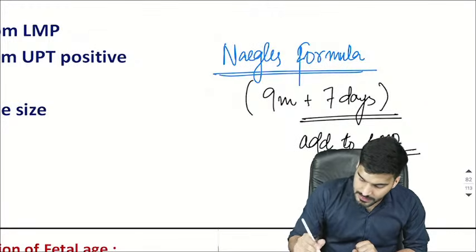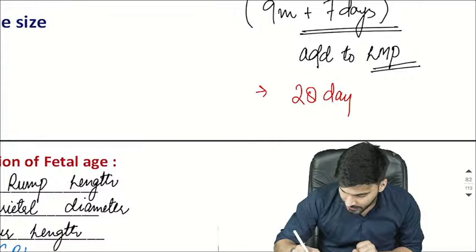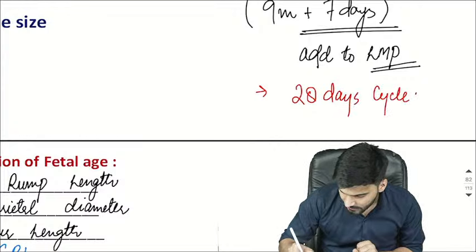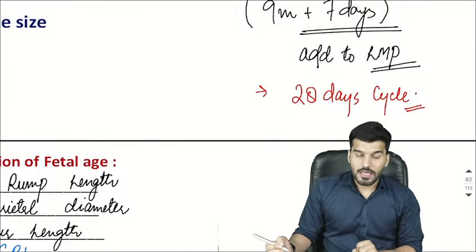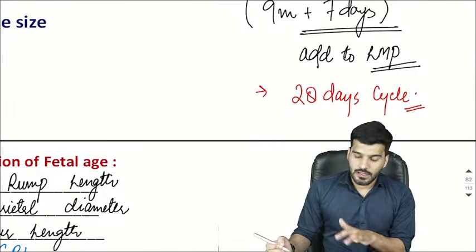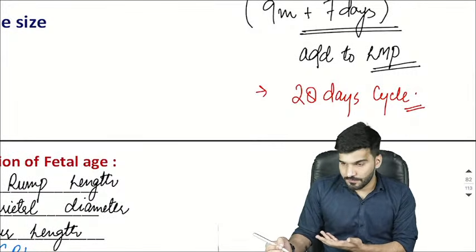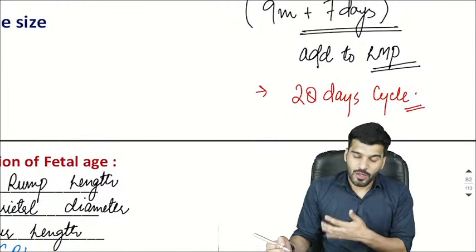But this Naegele's formula is for the females who have a 28 days cycle, regular cycle. Now, for example, if a female has the LMP of the 15th of March, what is going to be the EDD?